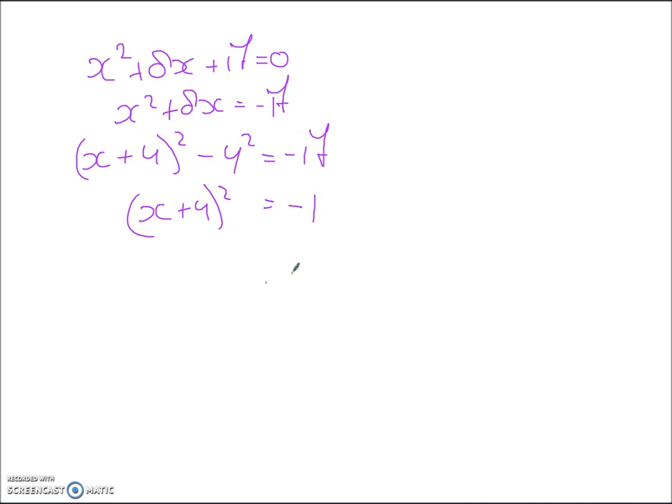And this cannot be solved because this is positive and this is negative. There is simply no way that one side of the equation can be positive while the other is negative. So there is no solution possible. So we simply write down no solution.